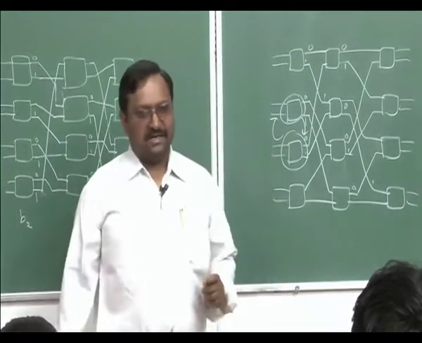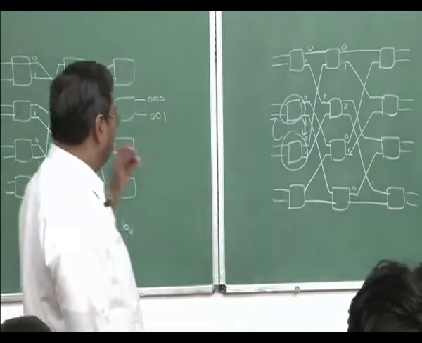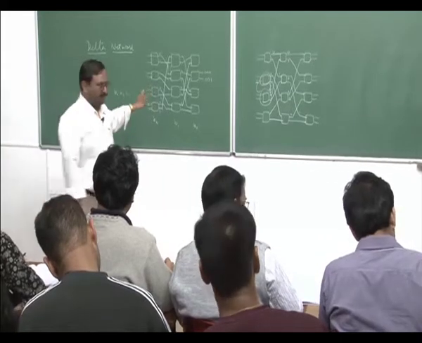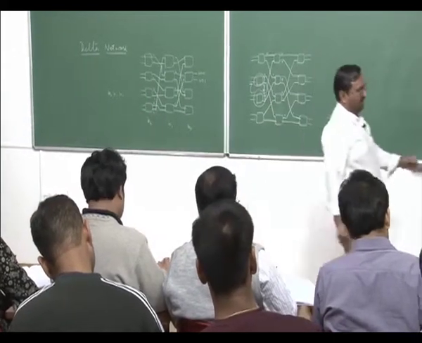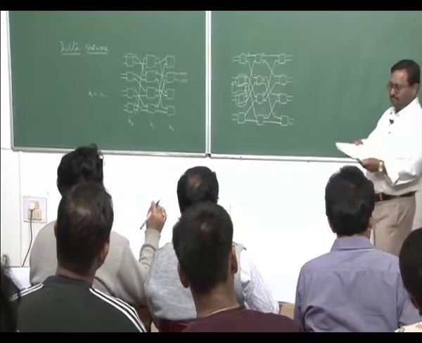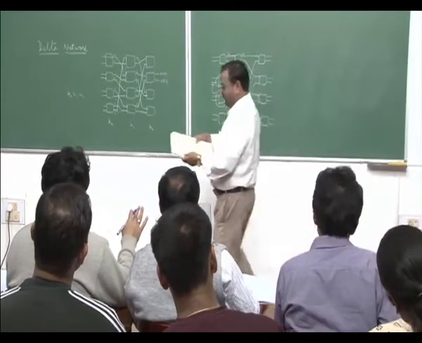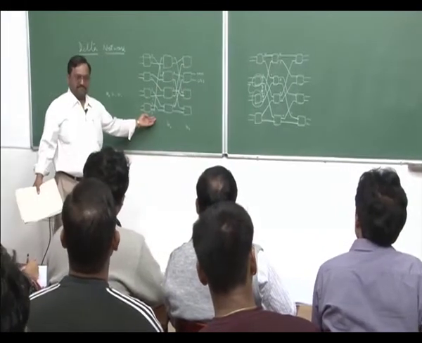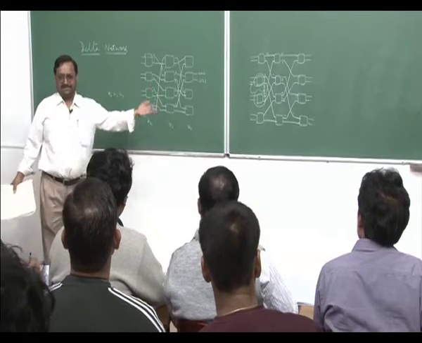So, now let us go to the generalized definition of what we call the delta network. How formally will it be defined? It is a subclass of delta network. This is not shuffling. I will define what the shuffle is actually.